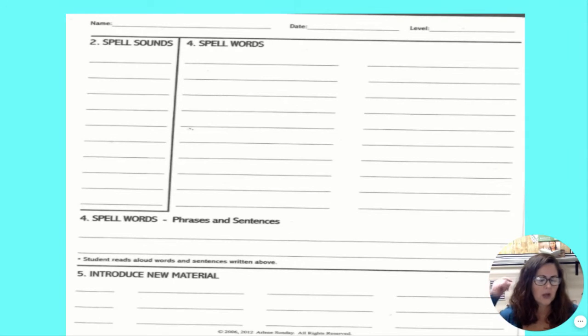Okay, so what are 4 ways to spell long A? Write the 4 ways you know to spell long A. Okay. And then what are the 3 ways of spelling long E?